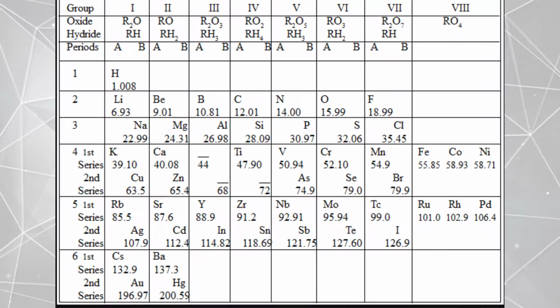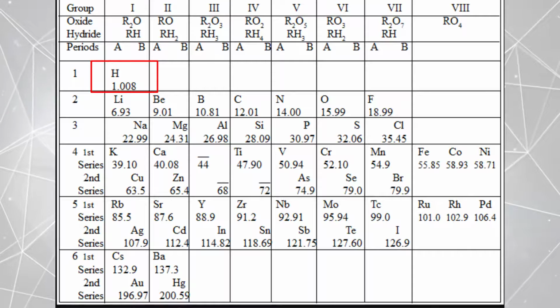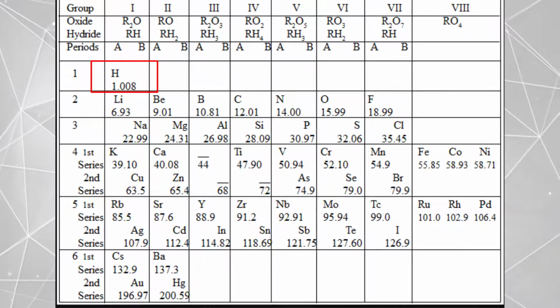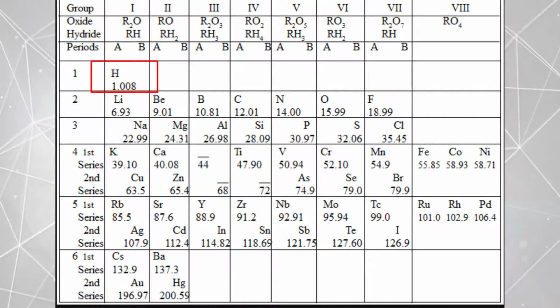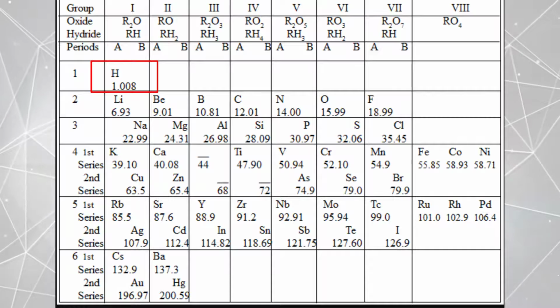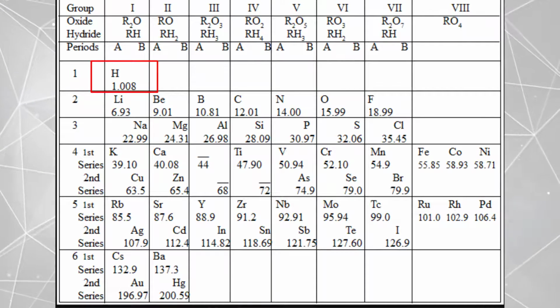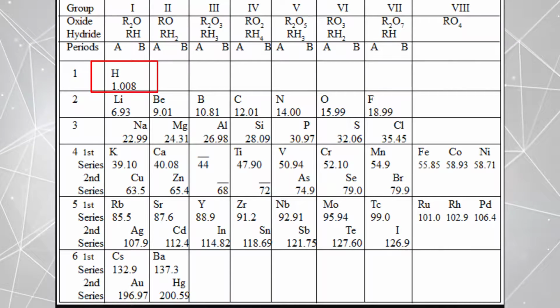Now if you look at his periodic table, hydrogen is in group 1 along with the other alkali metals because it shows very similar chemical properties. It combines with halogens, oxygen, sulfur to form compounds having similar formulae. But hydrogen also shows the properties of elements in group 7, which are called halogens.